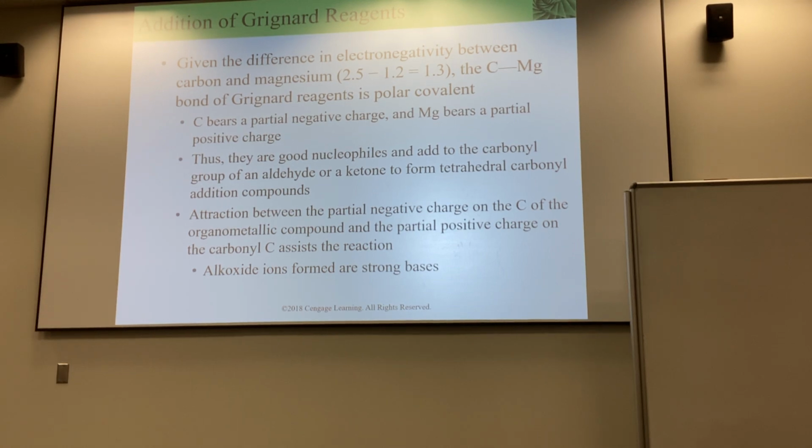The carbon is really holding on to those electrons, and the magnesium, like most metals, is kind of like, it's fine, you can have those, whatever, which is why metals can conduct electricity so well: the valence electrons can be everybody's, so if you put a current through it, they just share them with everybody. So basically, the carbon bears a partial negative charge. They're really good nucleophiles. We already talked about how they're really good nucleophiles.